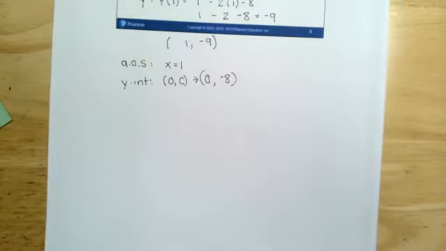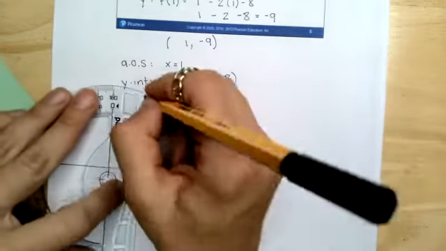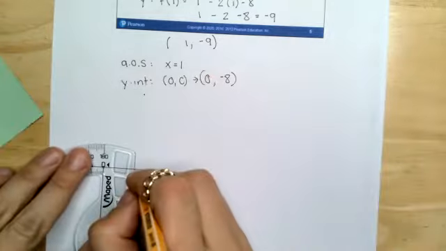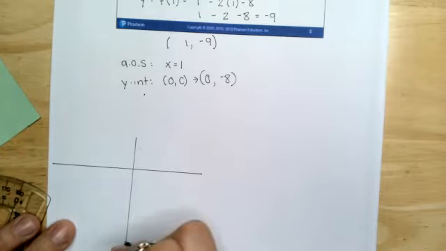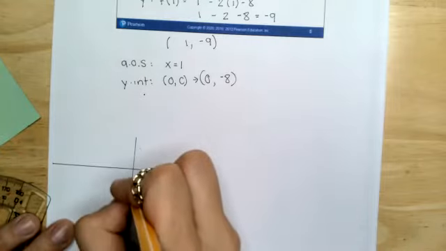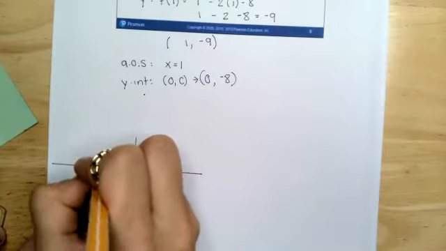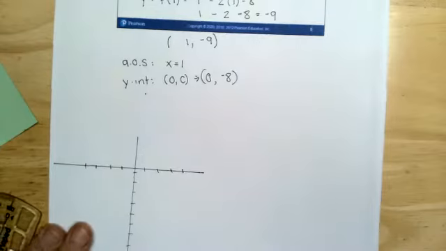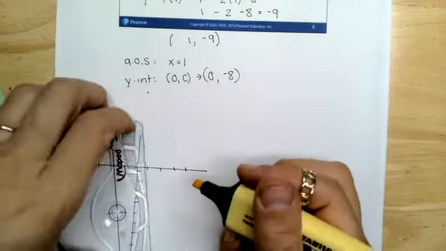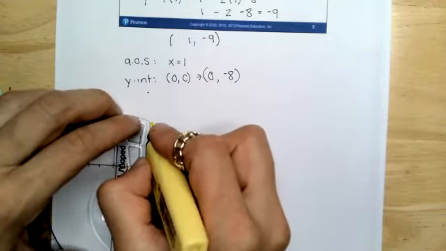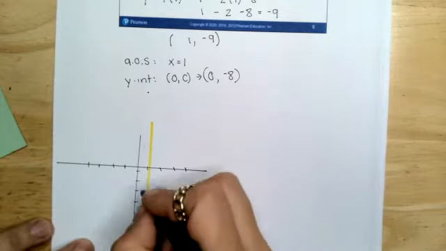Let's graph it. All right, I know my axis of symmetry is at x equals 1. I know that my vertex is at 1, -9.